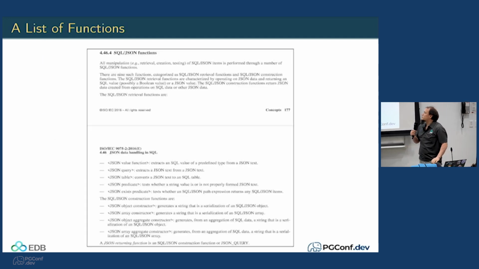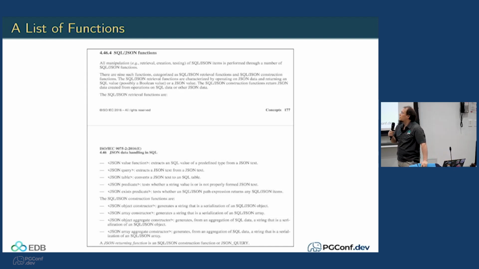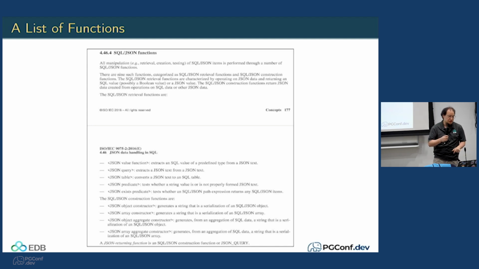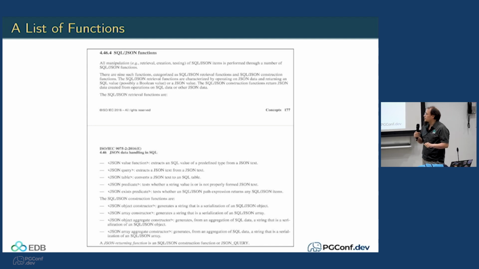And the way this was structured in the standard document, it had a series of 9 functions. So it said, well, we have the following SQL JSON functions. First, the retrieval functions, of which there are 5, and then the SQL JSON constructor functions, of which there are 4.